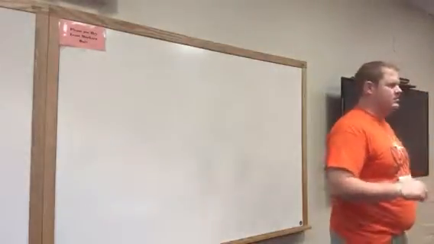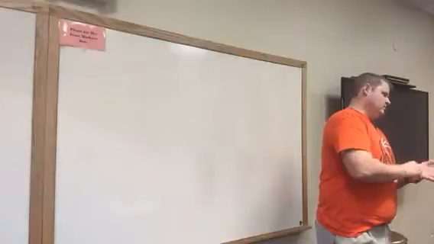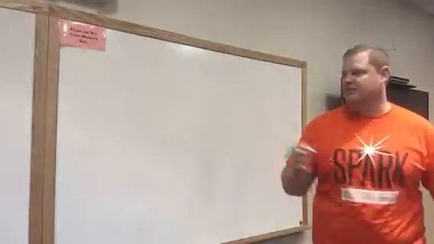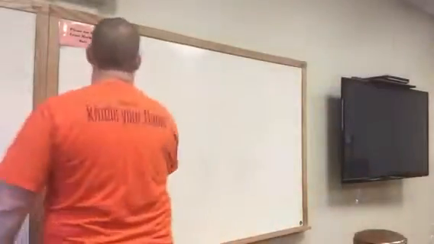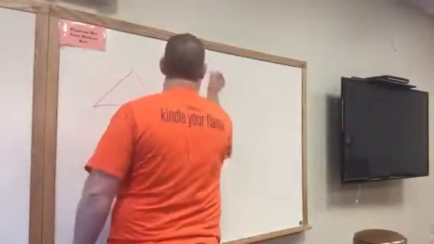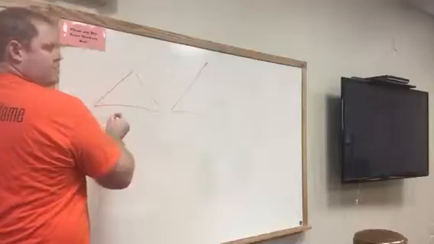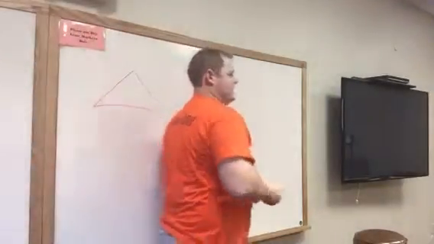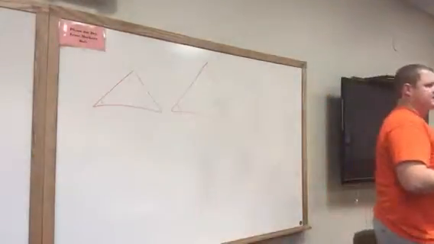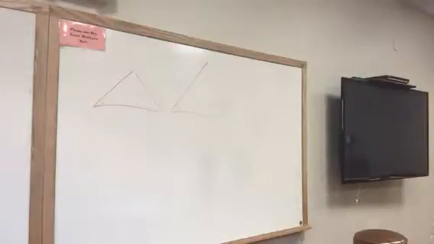All right, 13.4. Okay. Travis, what makes up similar triangles? What do we know about similar triangles? They have equal angles. But what do we know about the sides? Speak loud enough that everybody can hear you on the camera.